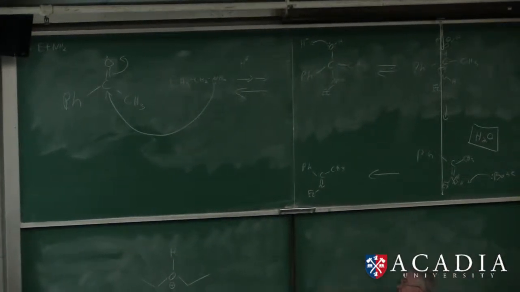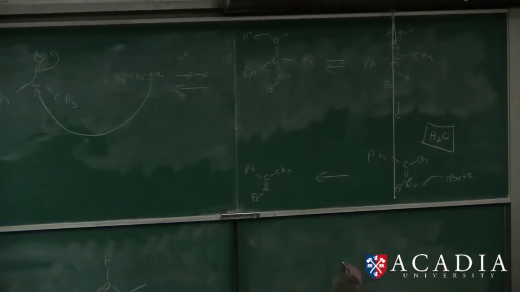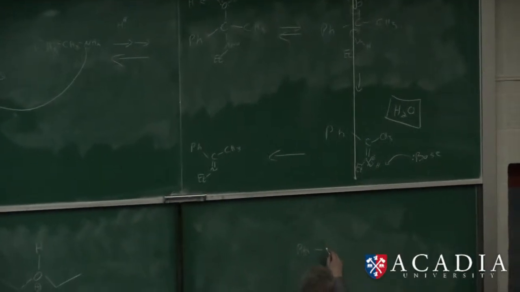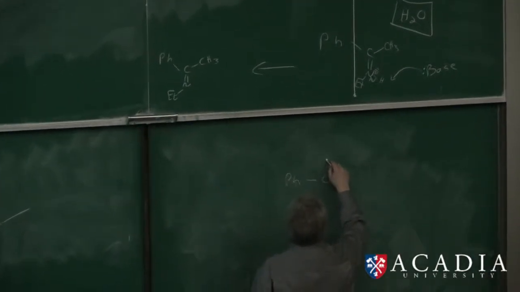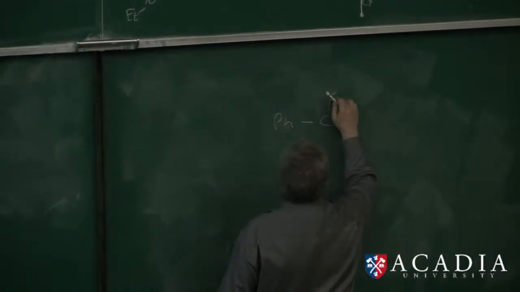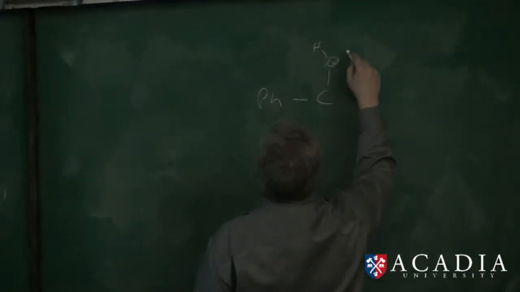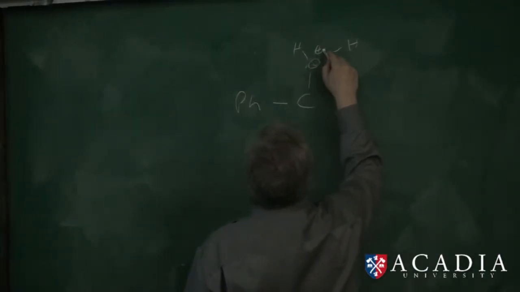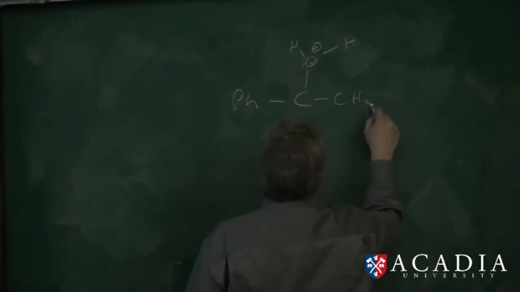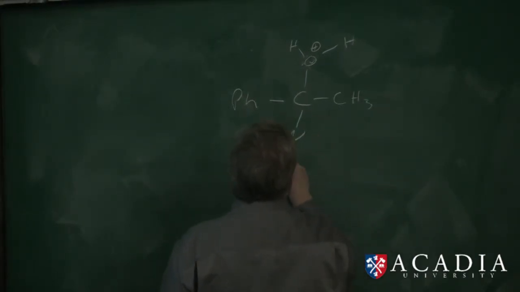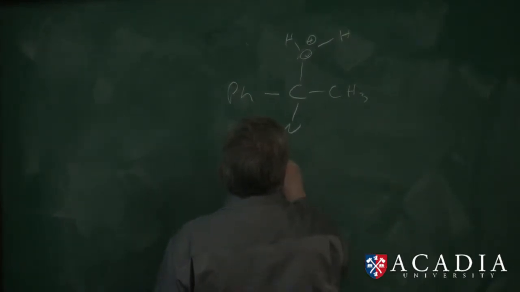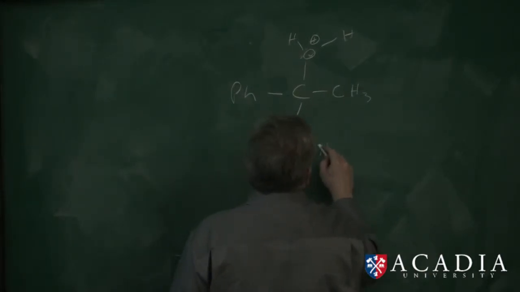And this is one of the areas. What if we did this instead? Ph, C, and, oops, I'm sorry, this is O, OH, H plus, CH3, N, Et, H plus.